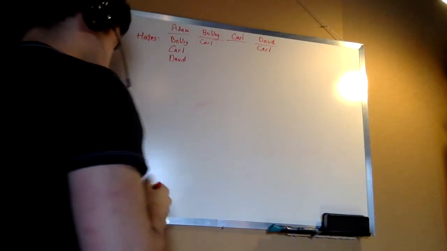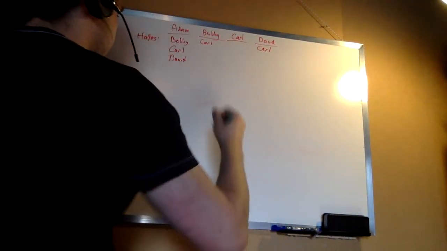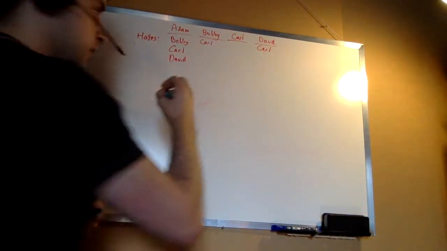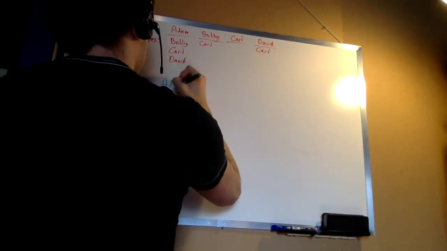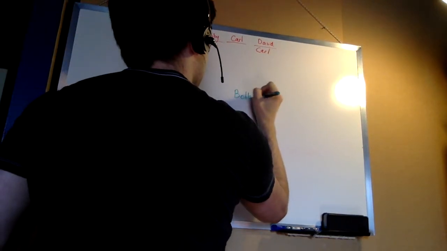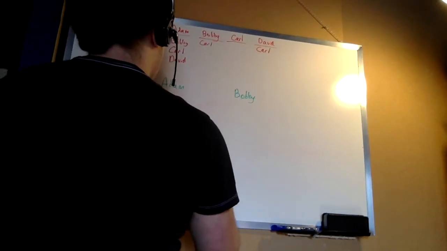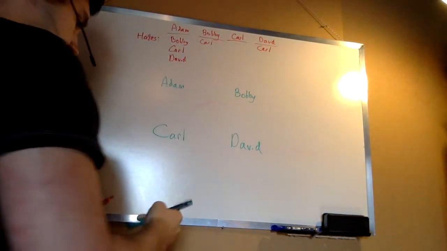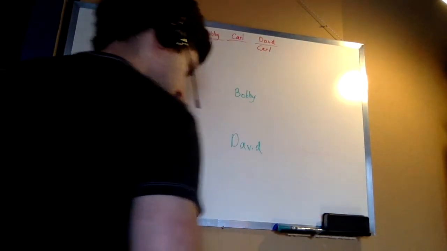All right, so let's go ahead and draw the graph for this. So we've got Adam, Bobby, Carl, and David. All right, and now let's draw the relationships between them.